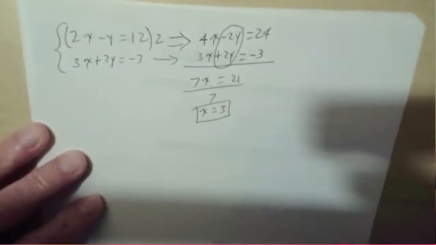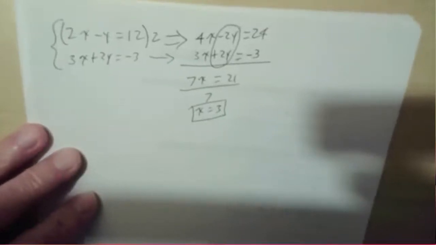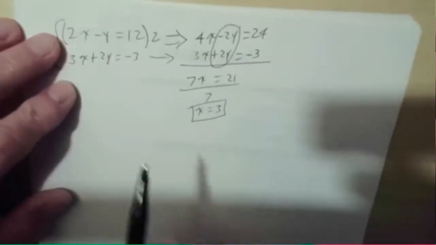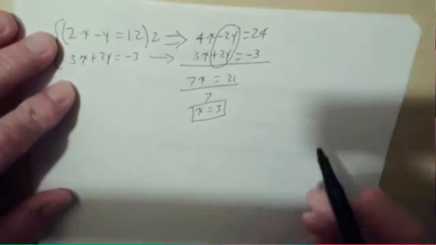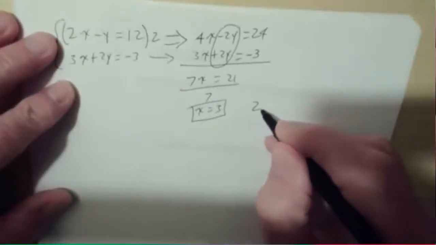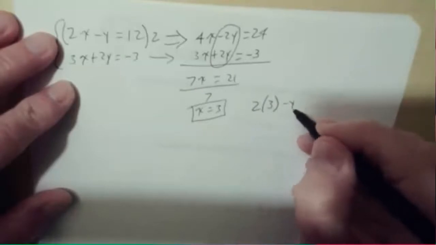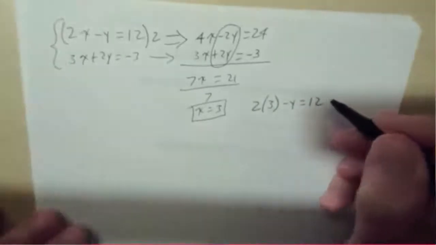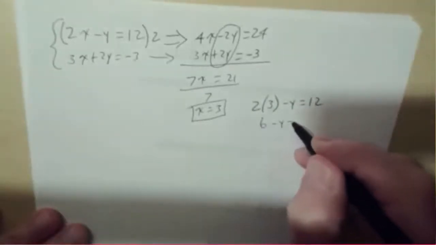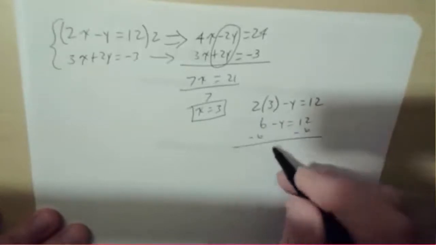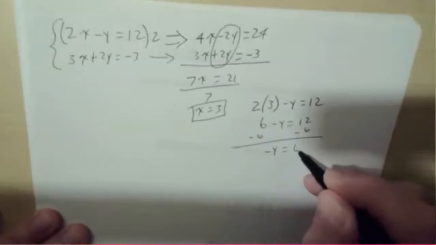Okay, so you can use either one of the equations. It really doesn't make any difference. Let's use the top one, although we're going to have some negative number in here. So we have 2x, x is 3, minus y equals 12. 6 minus y equals 12. Subtract 6 from each side. Negative y equals 6.